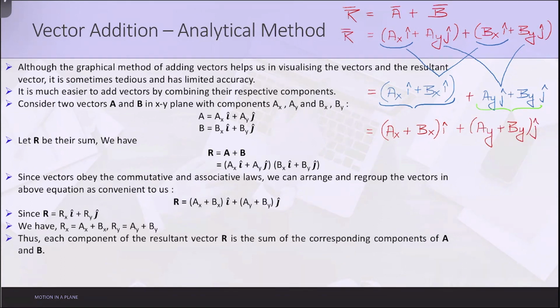Clear? Fine. So that is the only thing written here. That is, r is nothing but equal to (ax plus bx) I cap plus (ay plus by) j cap. Since r is nothing but equal to rx I cap plus ry j cap, how is this thing obtained? We have understood this in the previous discussion also.